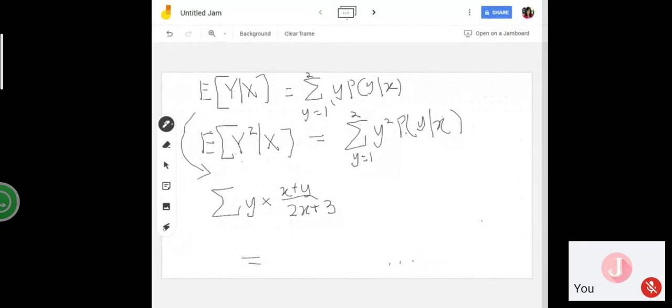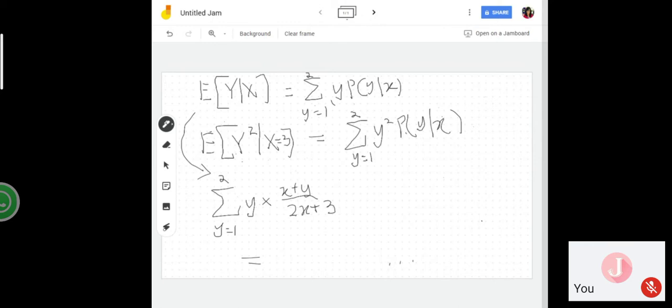Doctor, what's the answer? 14 over 9. X is equals to 3. So you can substitute value of x equals to 3 here. For e, y given x, so x is 3.